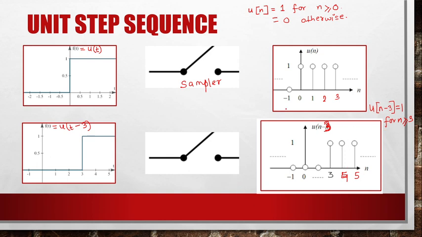So this is basically the delayed step function. We can get a similar approach in the unit step sequence, the delayed step sequence, only the time will be converted into sequences.